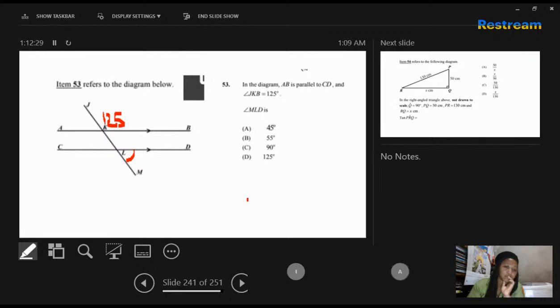It's on a straight line with JM, so 180. So this angle is the same as this one, and these two are on a straight line. So 180 minus 125 gives 55. The answer is B, 55 degrees.